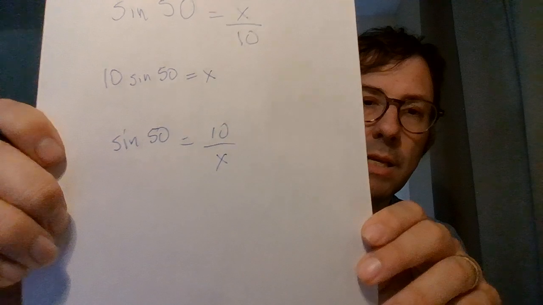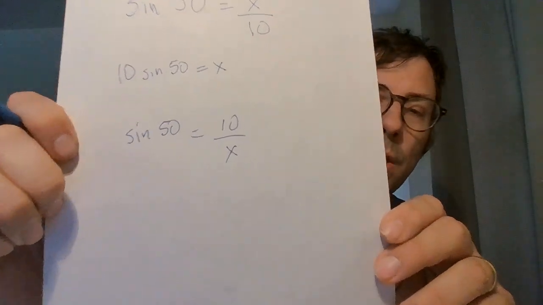So in that situation, again, we're going to write up our equation. It's sine of 50 equals, this time we have the opposite side, so we're going to write the 10 on the top, and we're going to do our x on the bottom, because again, we do not know what the hypotenuse is.